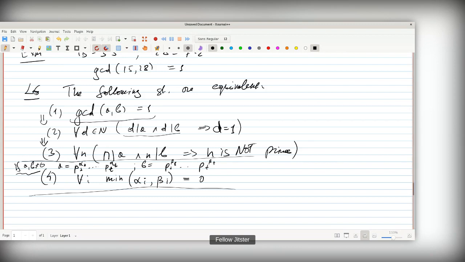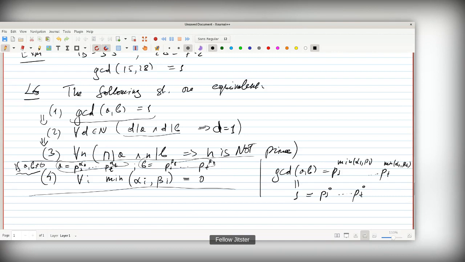Okay, now assume that they have some factorizations. Now it is quite clear, the greatest common divisor is P1 to the power minimum of alpha 1, beta 1, and so on. And on the other hand, it is 1, so it is P1 to the power 0 and so on.